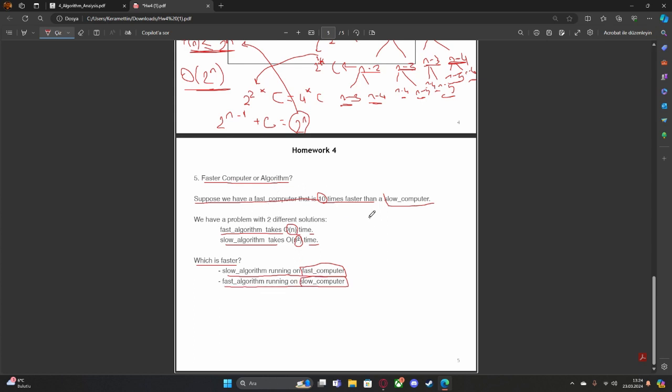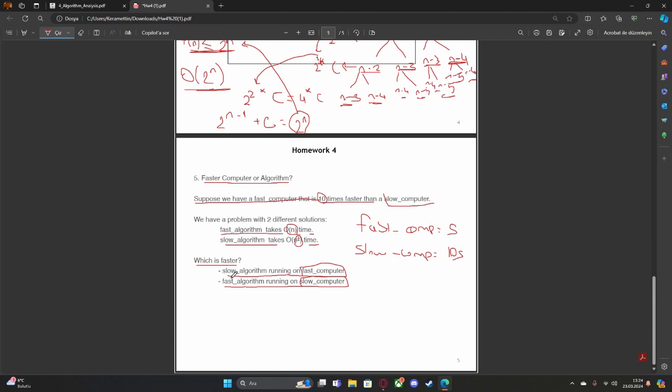Let's say our fast computer takes s time and the slow computer takes 10 seconds.